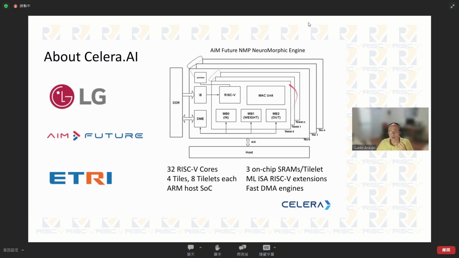Each tilet has one RISC-V core extended with machine learning accelerated instructions. So you extend the RISC-V and add a 3D convolution instruction, a ReLU instruction, and so on, which are all based on MAC units. These MAC units read 3 scratchpads.